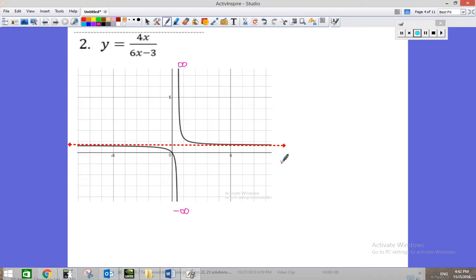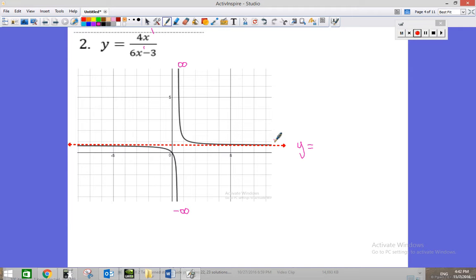Well, how can I describe that? This is the line y equals, when this exponent and this exponent are the same, then I have what they refer to as a horizontal asymptote.